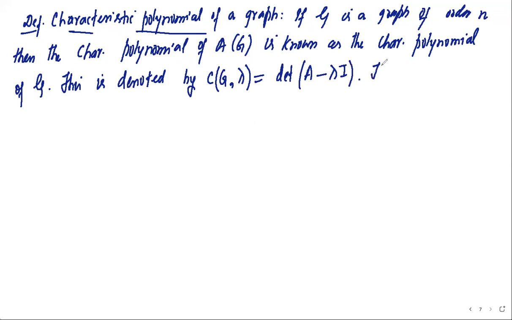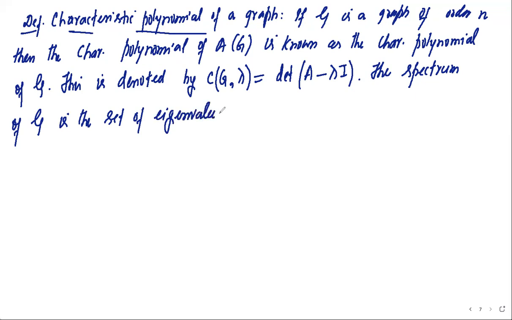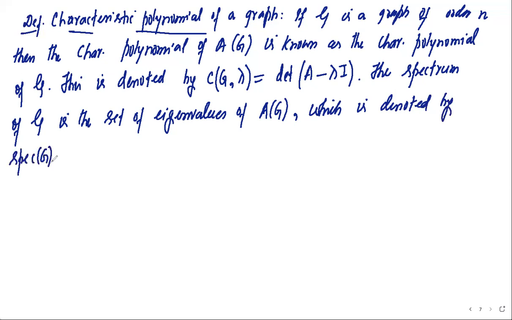Now the spectrum of G is the set of eigenvalues of the adjacency matrix, which is denoted by spectrum of G and defined in this way.